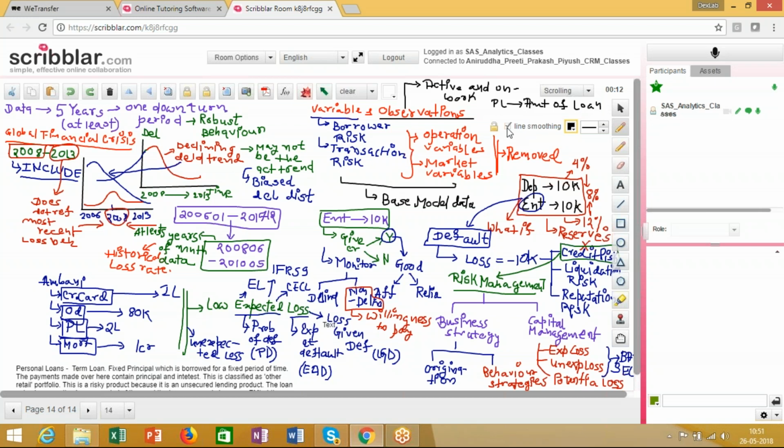The second most important characteristic of a loan is the duration of the loan. The greater the duration of the loan, the higher is the riskiness of the loan.